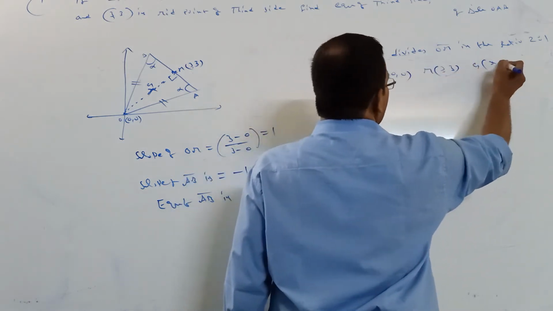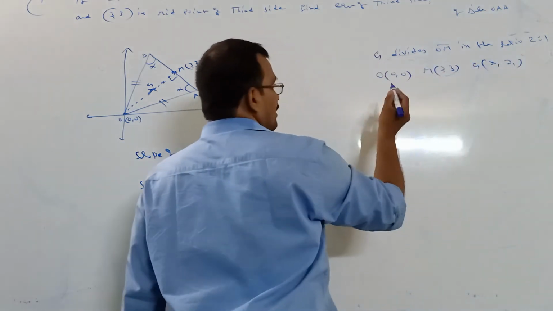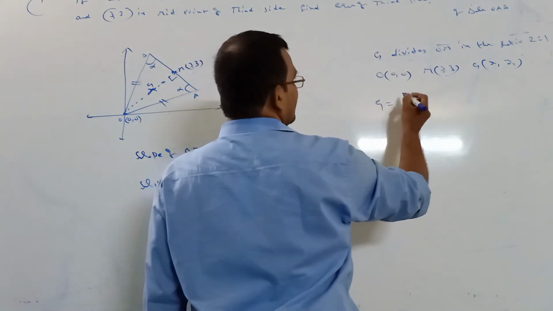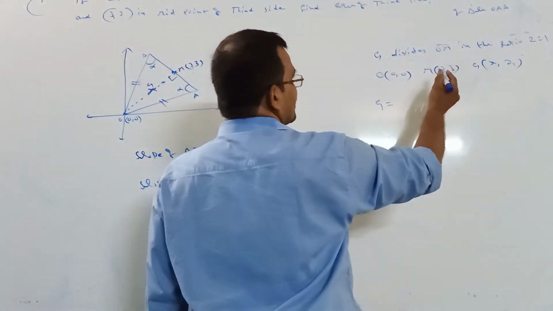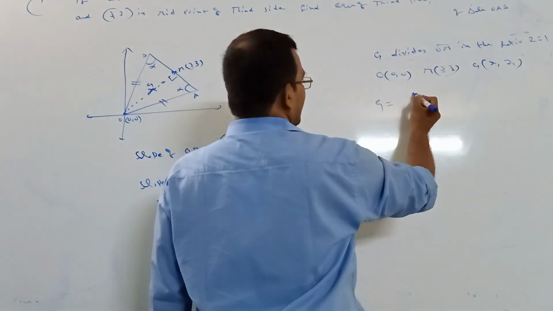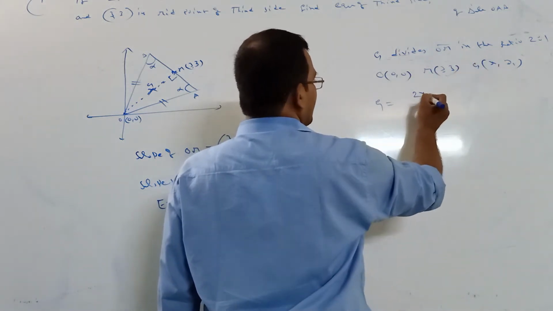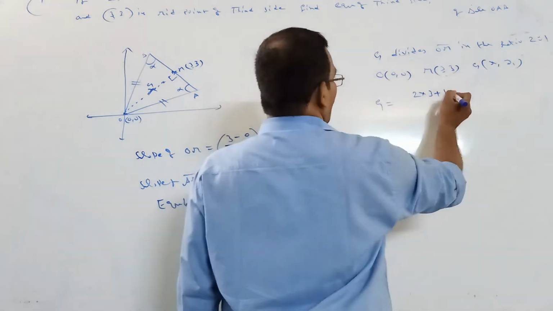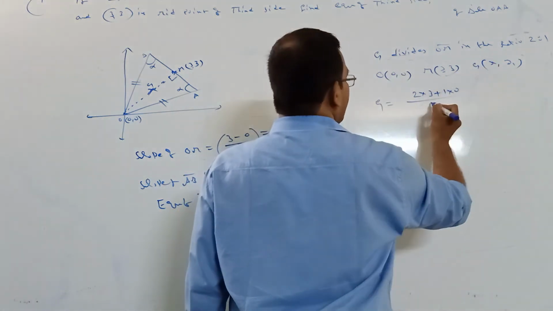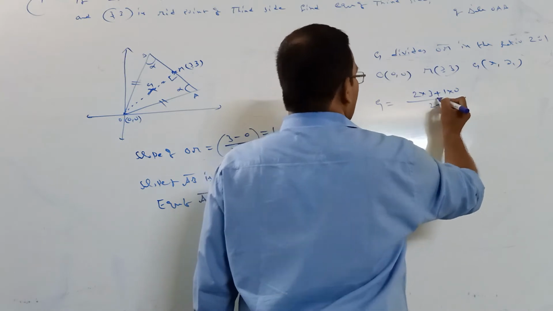I should take x1, y1. So G equals, in the ratio 2:1, (m x2 plus n x1) by (m plus n): 2 into 3 plus 1 into 0, by 2 plus 1.